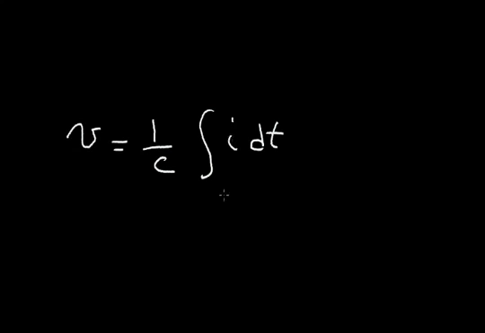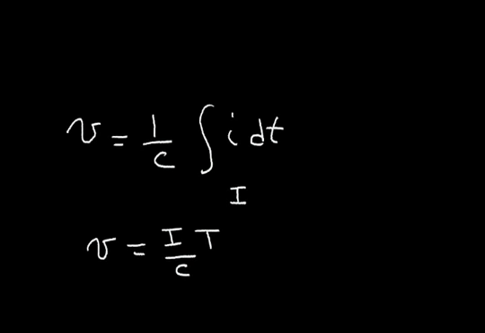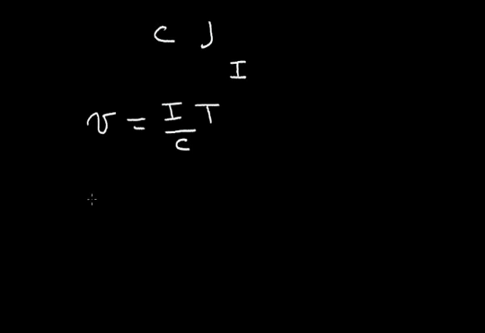If I is constant, let's say I is equal, I'll call it capital I, which just means it's a constant, this equation simplifies, and I end up with V equals I over C times the time, T. Or I'd prefer to rewrite this as CV equals IT.